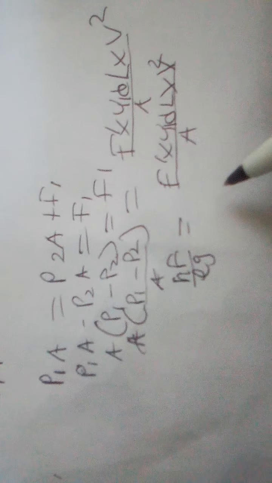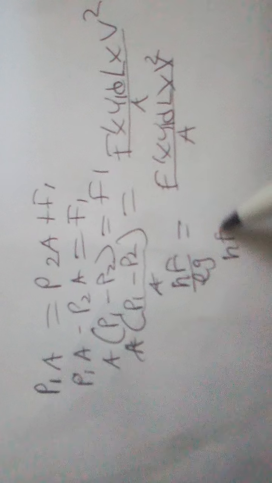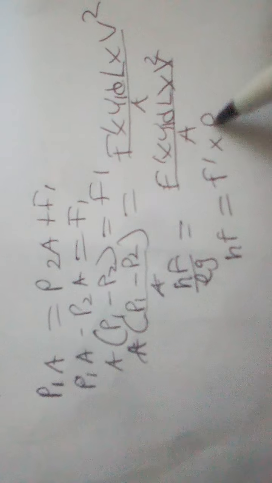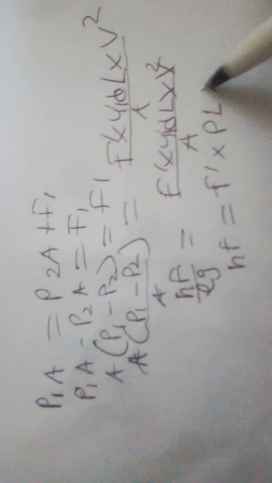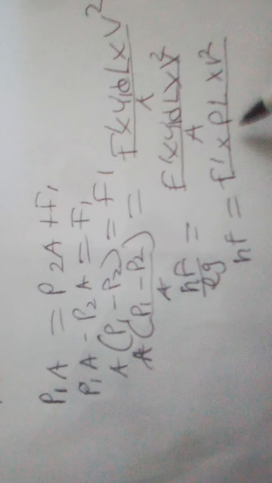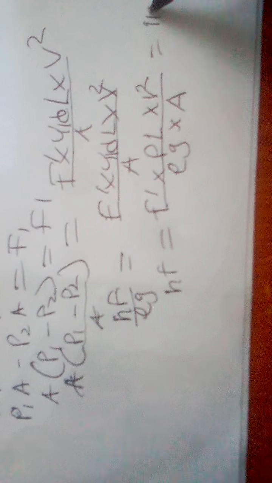You resolve both sides to be left with hf equals f times perimeter times L times V squared all over rho g times area. This will be equation 3.